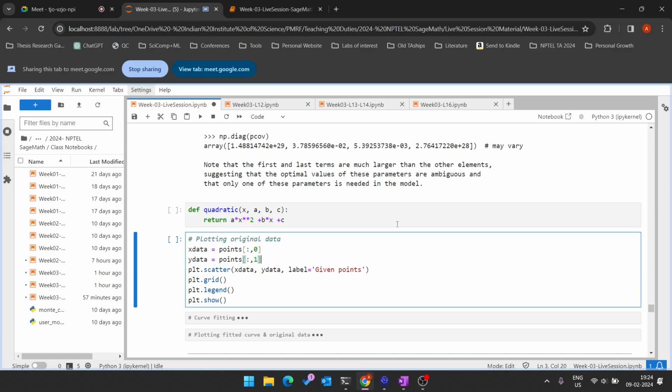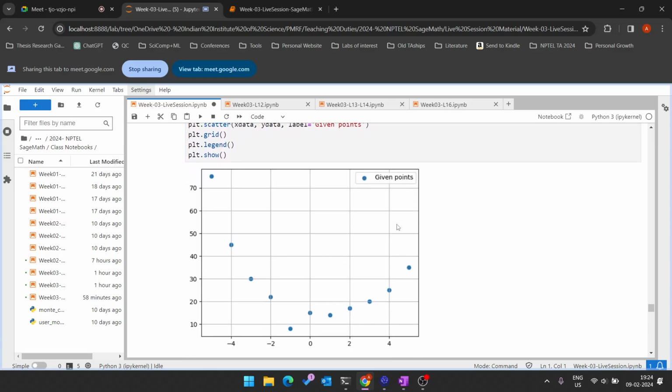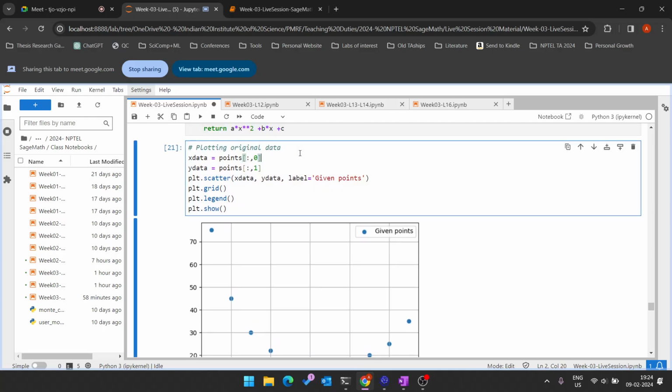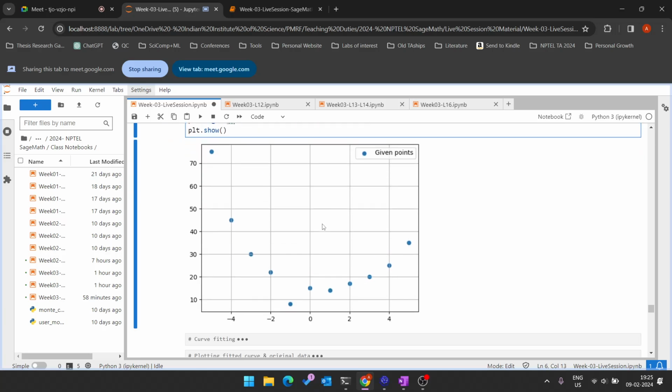So we'll first start off by quickly looking at how our function actually looks. These are the given points. The code is pretty straightforward. As you can see, we are obtaining x and y data and then plotting a scatter plot with the label given points. We are also showing a grid, and the legend turns on this label for the data.